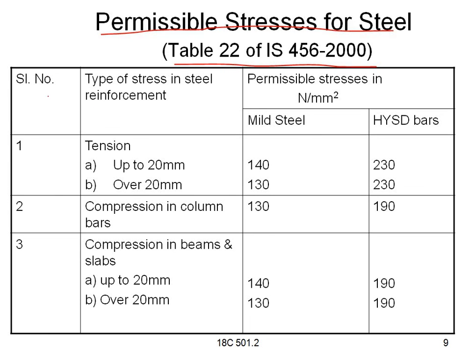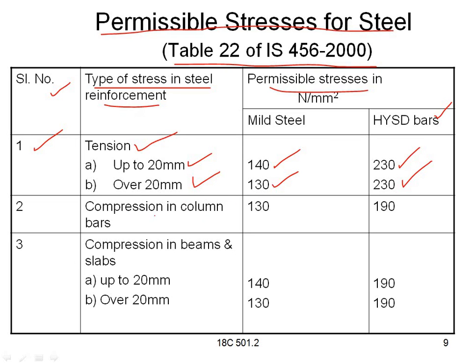Next is permissible stresses for steel as per table 22 of IS 456-2000. We can see serial number 1, types of stress in steel reinforcement, that is tension, up to 20 mm and over 20 mm. For mild steel the permissible stress is 140, and for over 20 mm it is 130. For HYSD bars we have to take 230, 230.